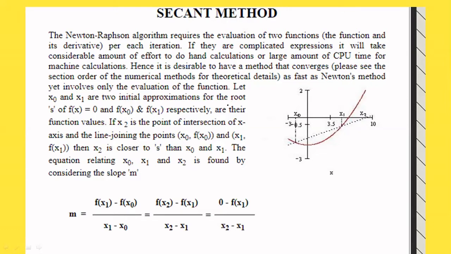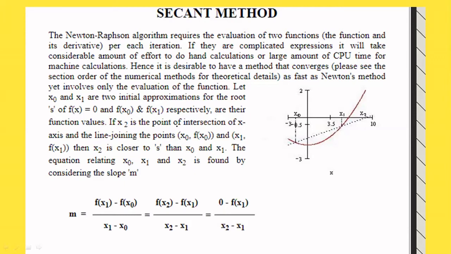To find the initial approximations, you may apply the bisection method to choose two initial approximations for the root of f of x equal to 0. f of x0 and f of x1 are the corresponding functional values of x0 and x1.